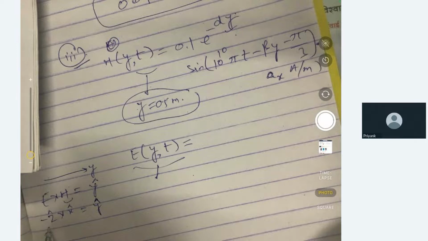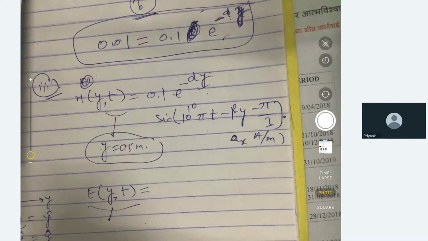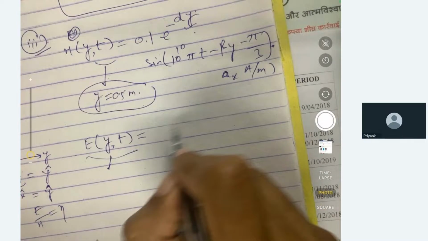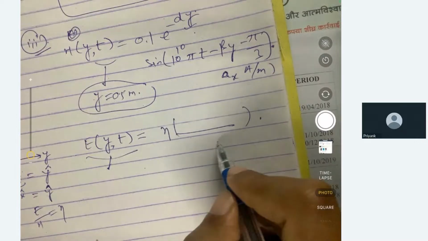It will be in z, not minus z. So we multiply H by eta, the same value, and the direction will be a_z volt per meter.